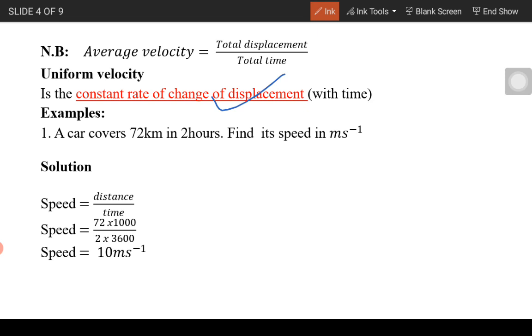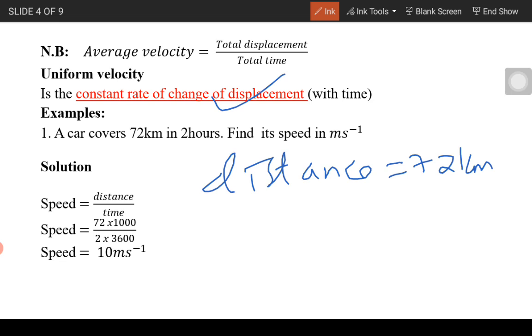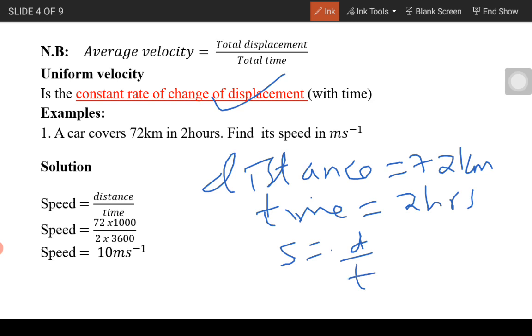Examples. Number 1. A car covers 72 kilometers in 2 hours. Find its speed in meters per second. So the distance here is 72 kilometers. The time is 2 hours. They want speed. Of course, we know speed is distance divided by time, which is 72 kilometers divided by 2 hours. When you divide 72 by 2, you get 36.